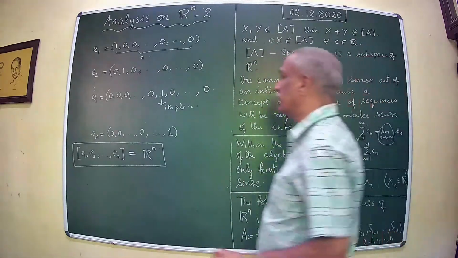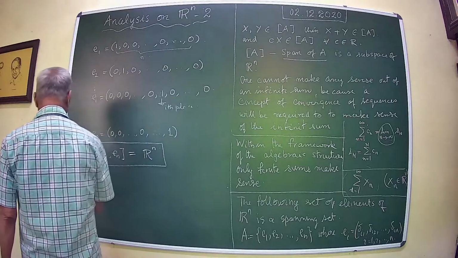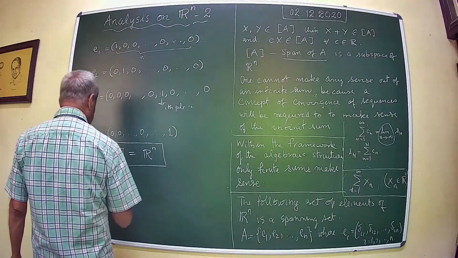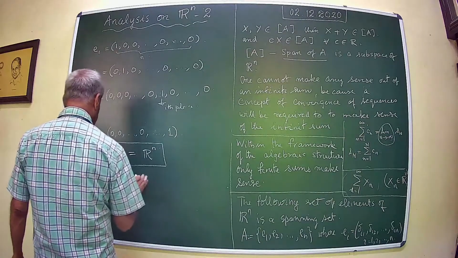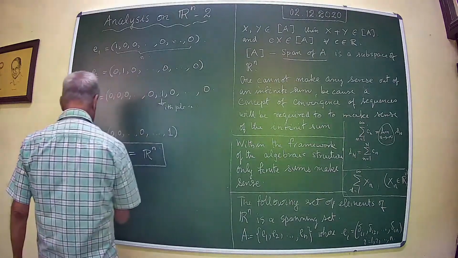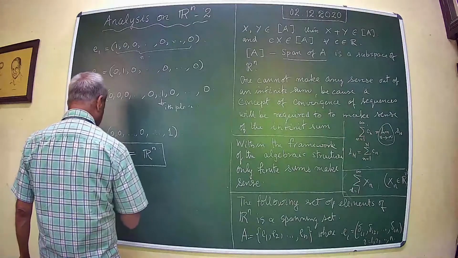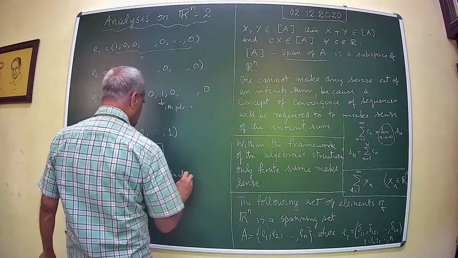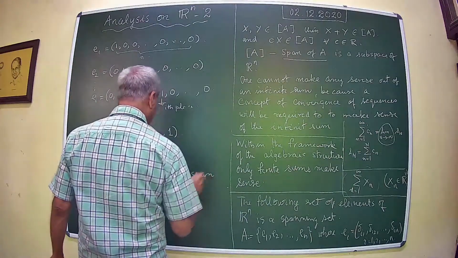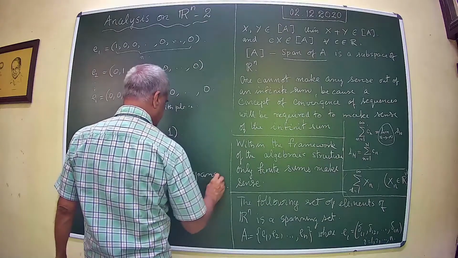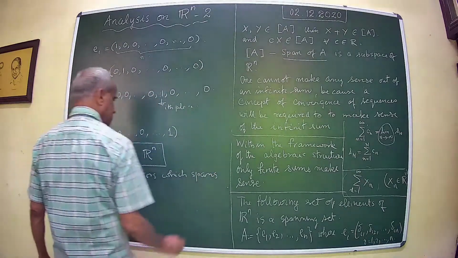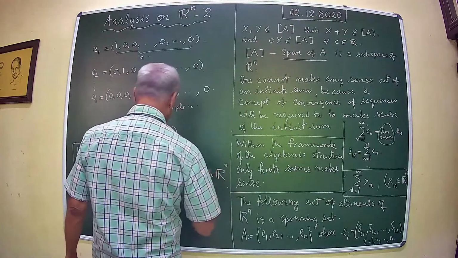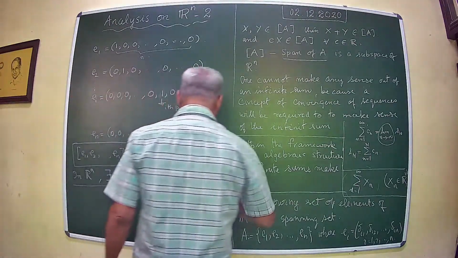So you see that in R^n, there exist n vectors which span R^n. So this is something that we observe.